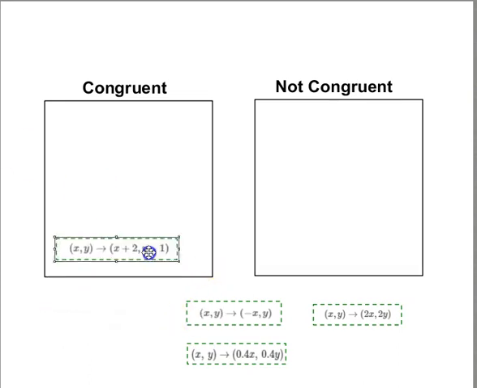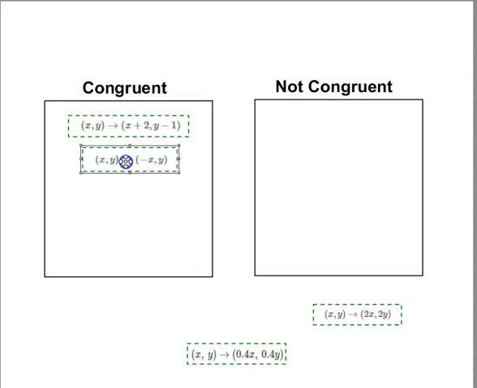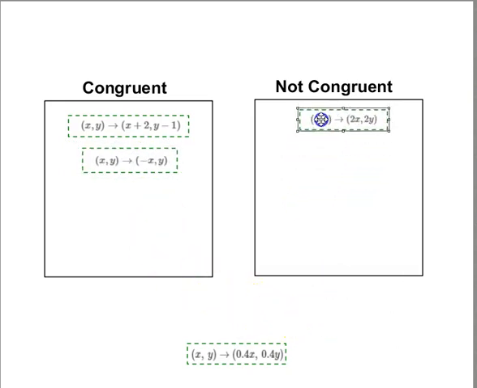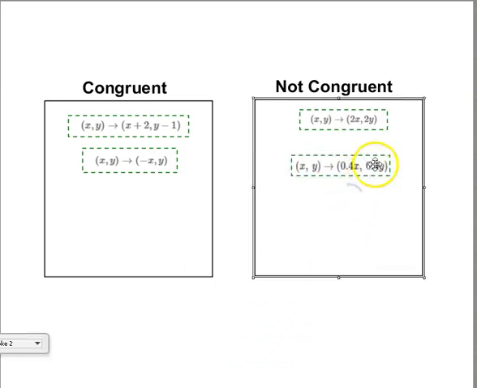So this is a translation, so that would be congruent. This is a reflection, that would be congruent. This is a dilation because it is multiplying each point, doubling it, and this is also a dilation because it's multiplying the points as well. This is going to be an expansion. This is going to be a contraction.